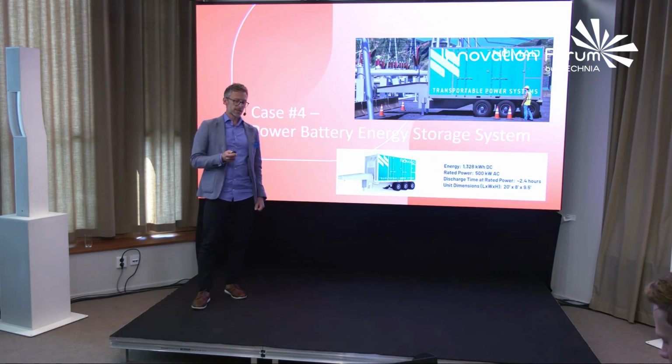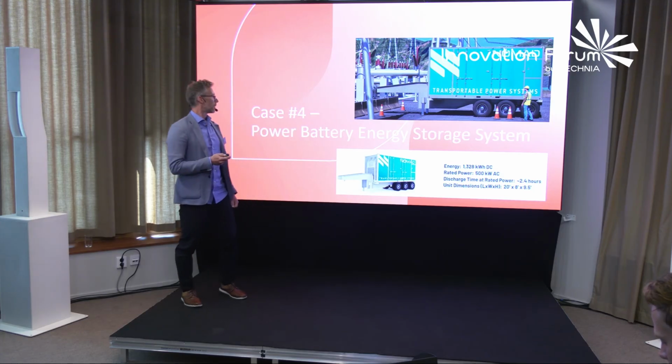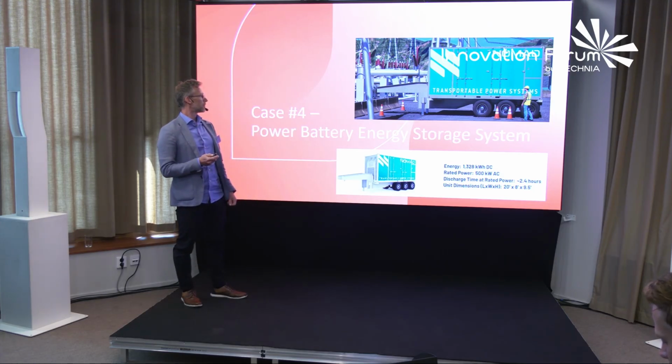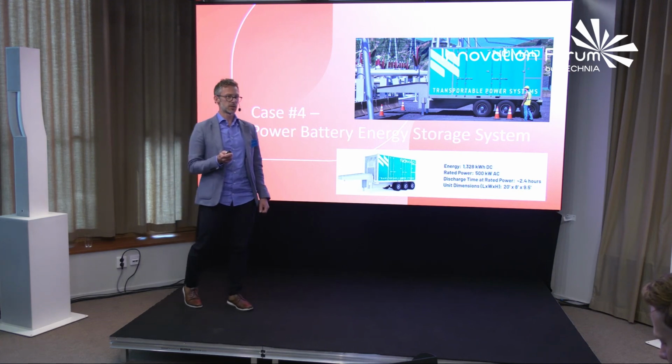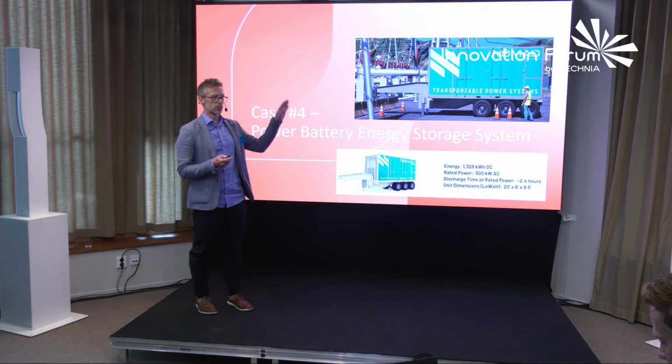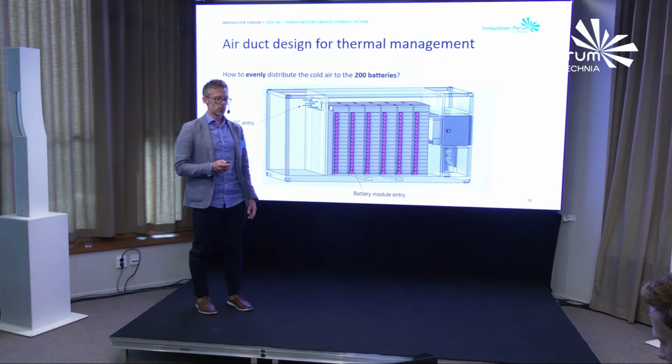The fourth case is a power battery energy storage systems. This is used in places where you don't have access to electric power. So it could be some disaster places. Of course, when it's in use, it produces a lot of heat. It's filled with batteries. So we have 200 batteries placed inside this container.